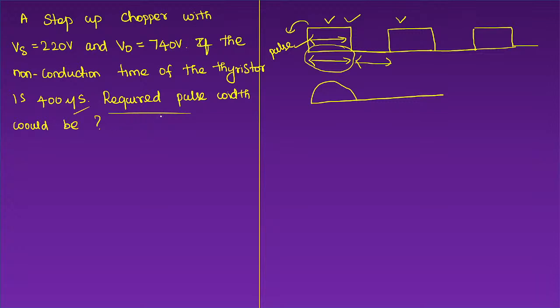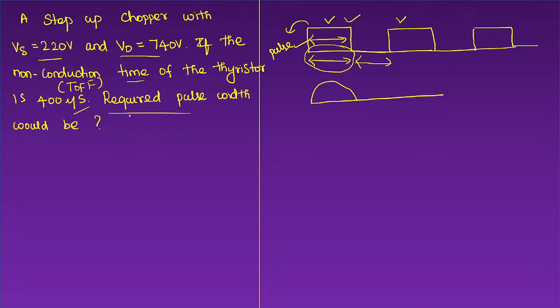In this continuous statement, they are talking about the thyristor pulse width only. You can observe the width of the pulse through the thyristor only when the thyristor is in conduction. Non-conduction means they have given the data about the off time of the thyristor. That's all. Okay, sir. If off time is given, fine. Then supply voltage is given, output voltage V naught, everything is given.